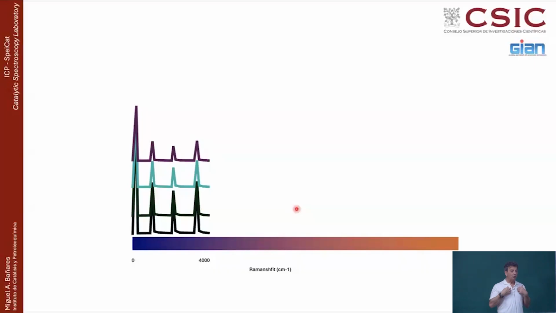And that is why we don't talk about centimeters to the -1, or wave numbers, we talk about Raman shift. We don't say frequency, we say Raman shift, because it is a shift. We are assuming that the excitation laser is not 3, 4, 5, 600 wave number or whatever, but that it is your reference.